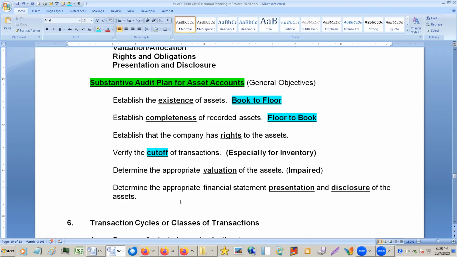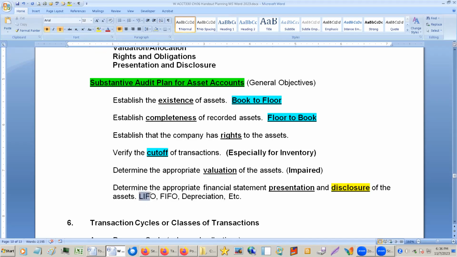And are they showing presentation and disclosure, for instance, LIFO, FIFO? And for equipment, maybe you'd have depreciation. These are all things where how you put them in the financial statements, but also how you disclose those in the notes, are very important.